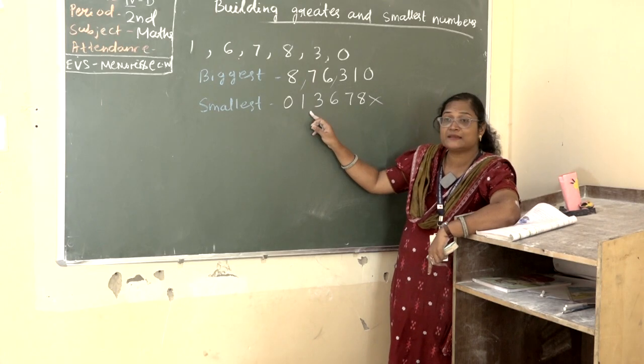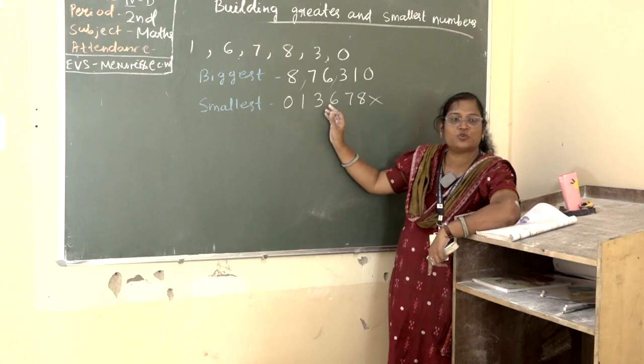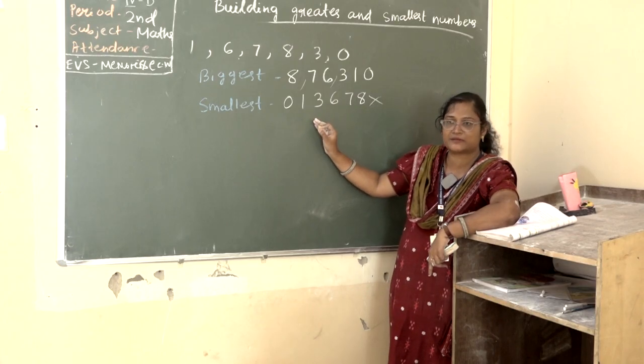Always 0 will be in the second place, so that we make a 6 digit smallest number.